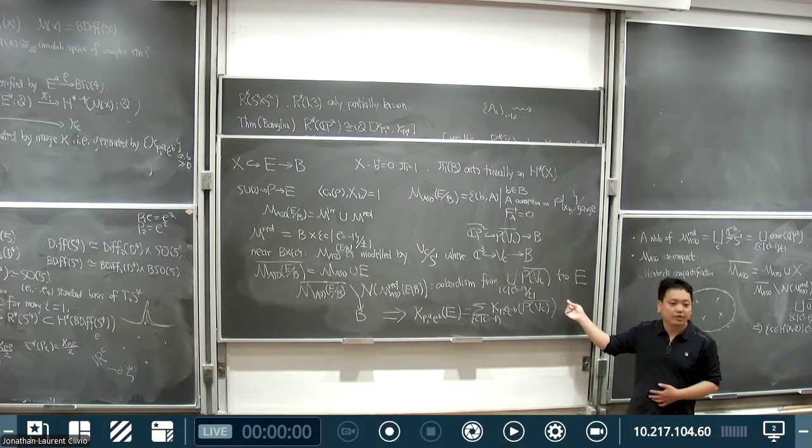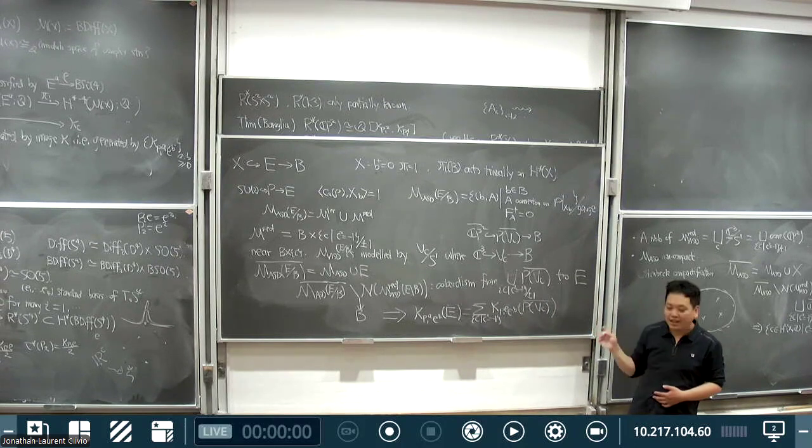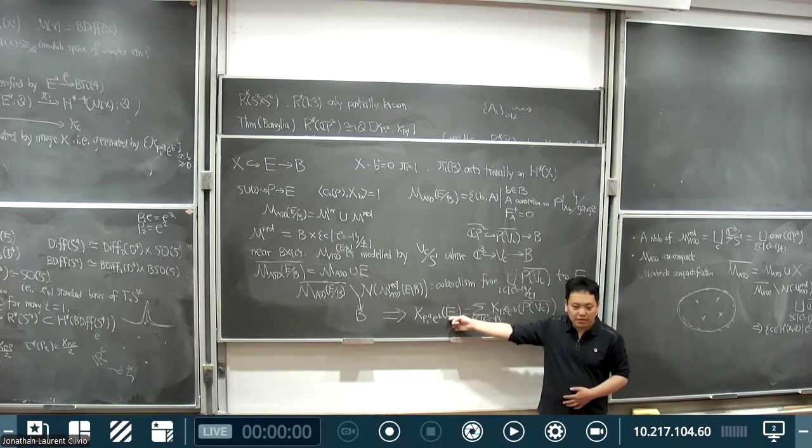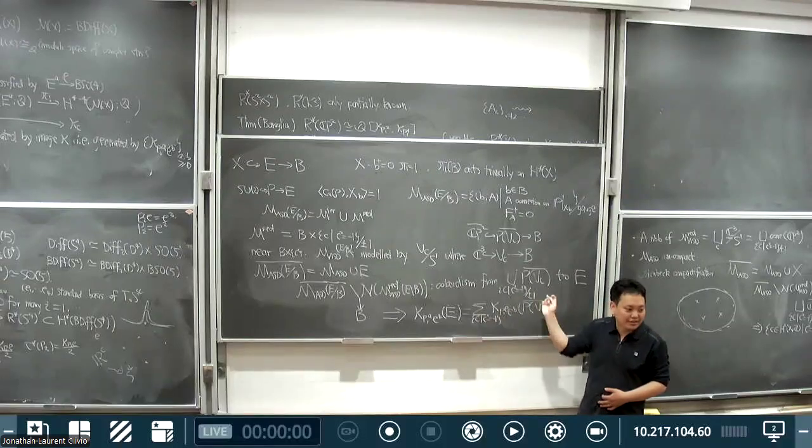Because you have a cobordism, you can use Stokes theorem to conclude that the kappa class of this bundle is just the sum of the kappa classes of its CP2 bundles.